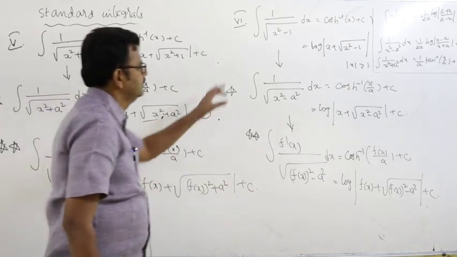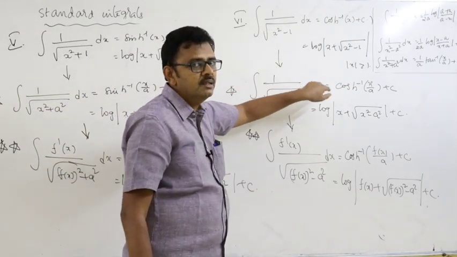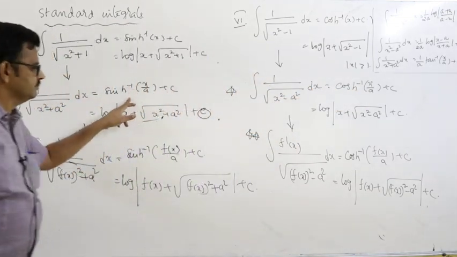Similarly, how to derive this one? Put x is equal to a cos h theta, same as this.